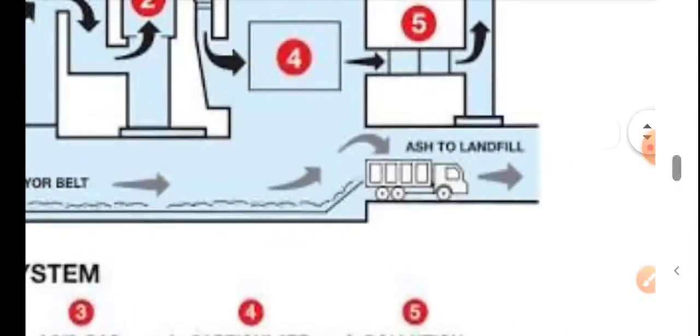An ash handling system may be there, and from there the ash will be disposed into the dumping yards or landfills, or it can be used for making bricks, etc.